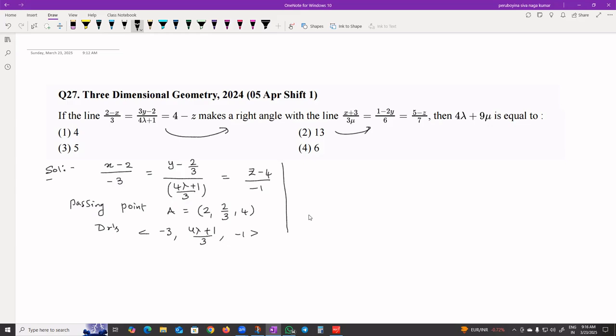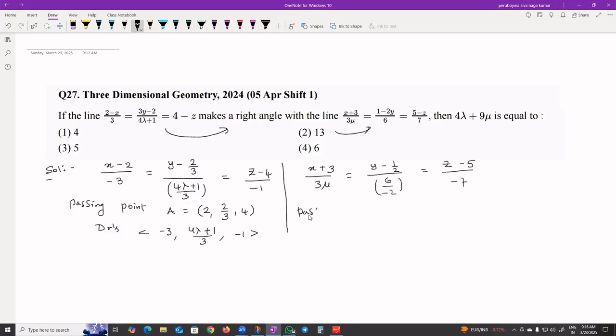Okay, let's copy this second line also. So it will be x plus 3 divided by 3 mu equal to, take minus 2 common, then it will be y minus half divided by 6 by minus 2 equal to, here also take minus common, so z minus 5 by minus 7.